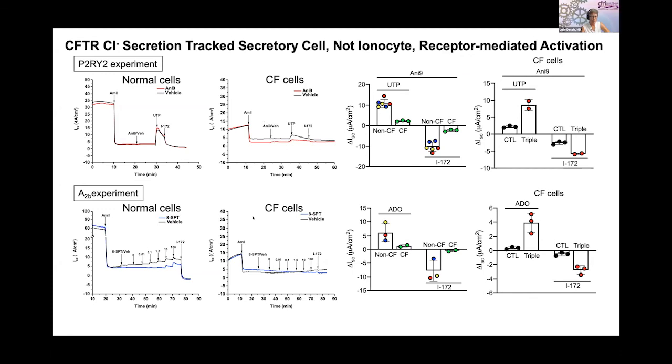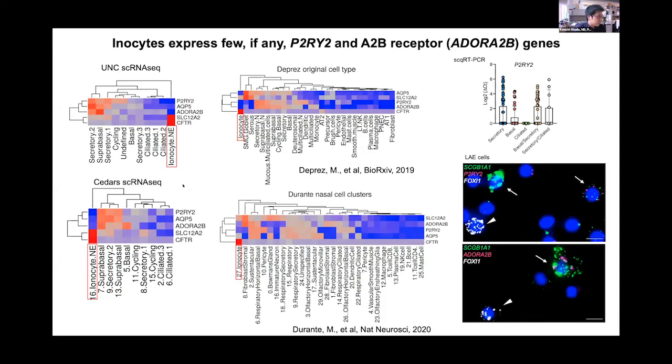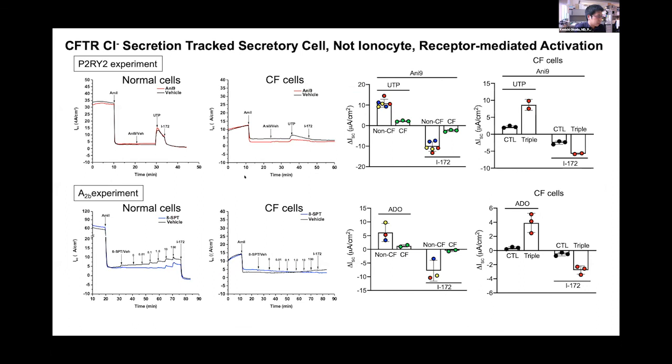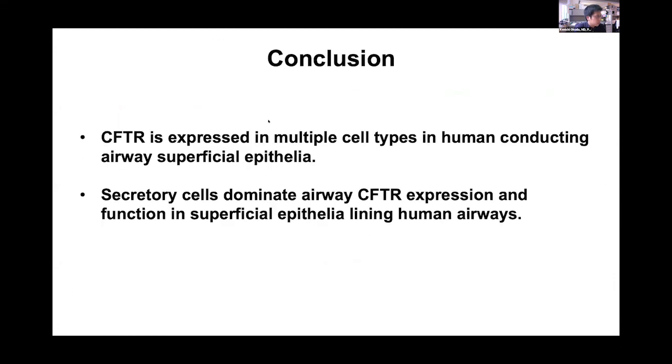Yes. These data suggest the nucleotide can activate CFTR, and our previous receptor data combined with this data suggest secretory cells are the major cell type where this nucleotide regulated CFTR response happens. So the conclusion, combining these functional and expression data, is that CFTR is expressed in multiple cell types in human conducting airways, but particularly in secretory cells.